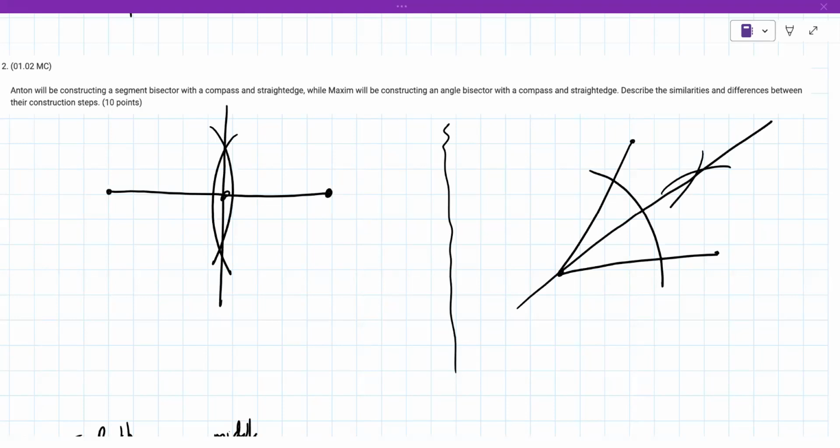There may not be that many similarities, because those are the two main ones.